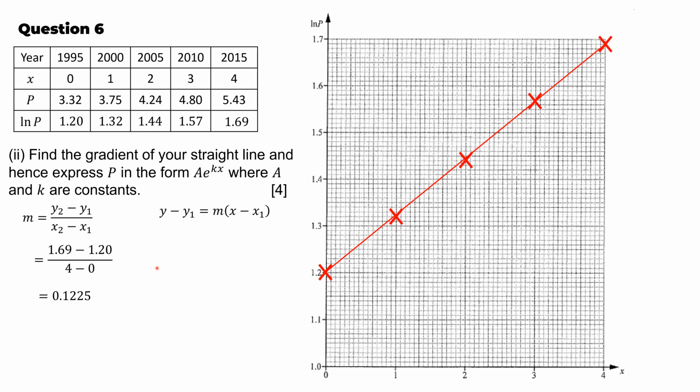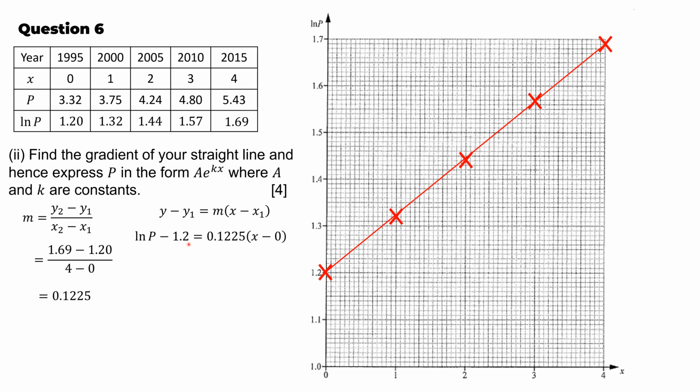Next, we can form the equation of this straight line by applying this formula: y minus y1 equals m bracket x minus x1. Our y will be ln P. For y1, we can choose the first point, 1.2, equals the gradient 0.1225, which we got here, times bracket x minus x1, which is 0 here.